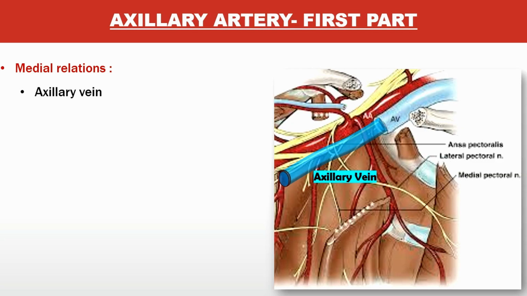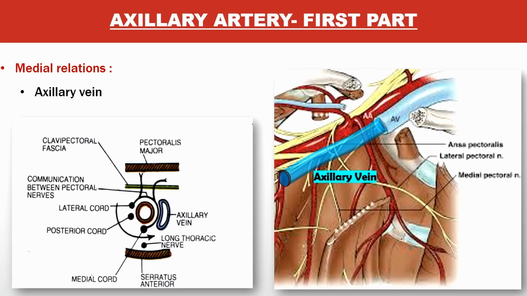Okay? So the cords of the brachial plexus will change their relation in the axilla. So when we take sections of axilla at different levels, we will have change in this relation, but medially this structure will remain constant. That is your axillary vein. So this is the diagram that is there in your book.